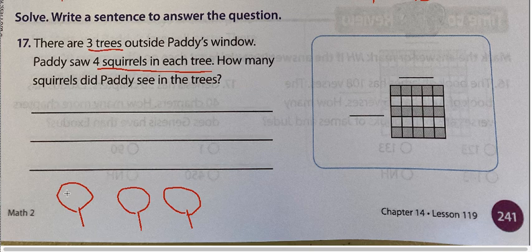So you write 4 here. 1, 2, 3, 4. 1, 2, 3, 4. 1, 2, 3, 4. So those are my squirrels. Aren't they cute? They look so amazing. They're hiding, I guess, or maybe picking some fruits or seeds. I don't know. But they look so cute.